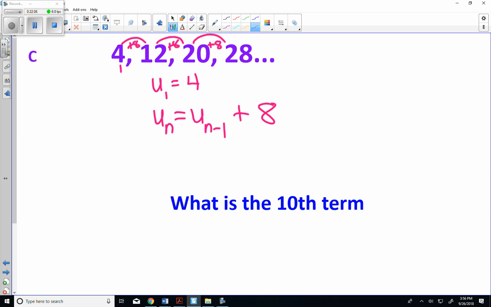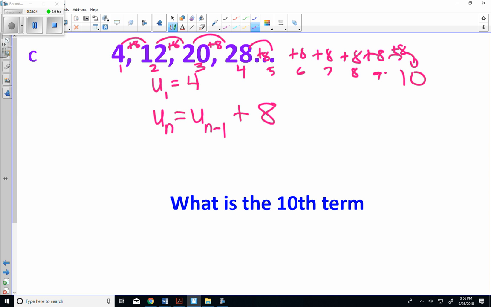So this is the first term. That's the second. That's the third. That's the fourth. We need to go over here to the 10th. So we have to add 8, add 8, add 8, add 8. So this would be the 5th, 6th, 7th, 8th, add 8, 9th, one more add 8 to the 10th term.